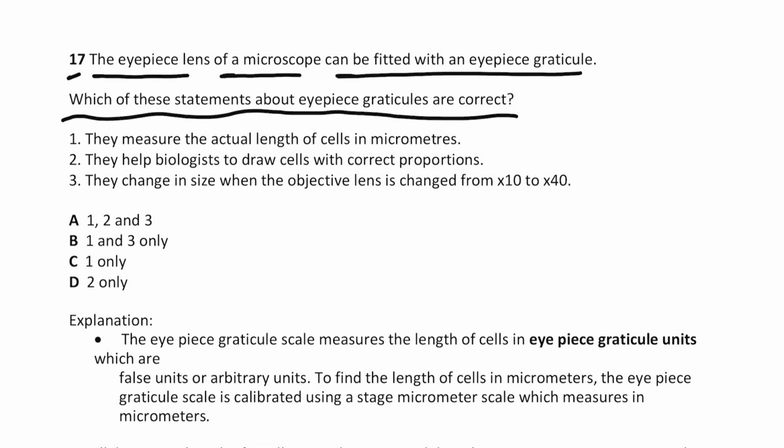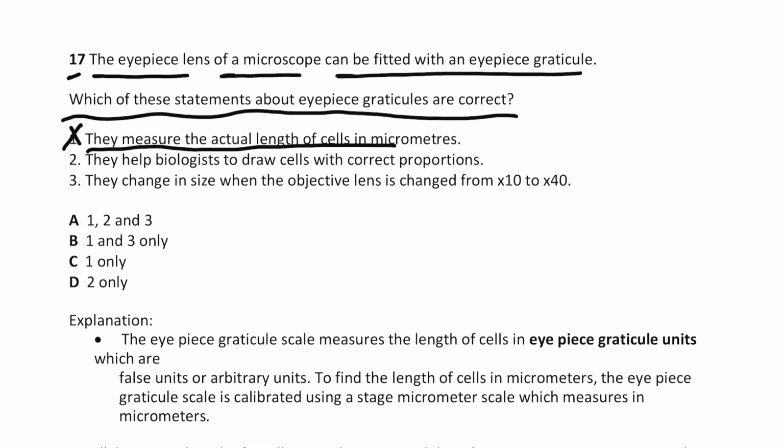They measure the actual length of the cells in micrometers. Guys, this is a wrong statement, because as you all know, the eyepiece graticule scale has arbitrary units. Eyepiece graticule scale does not have true units. That is, an eyepiece graticule cannot measure in micrometers or millimeters.